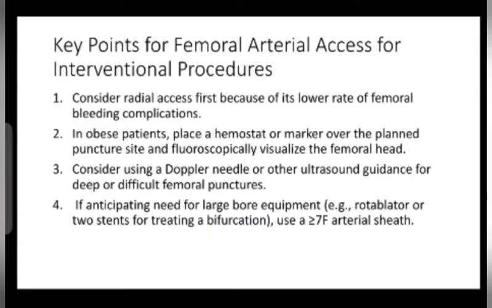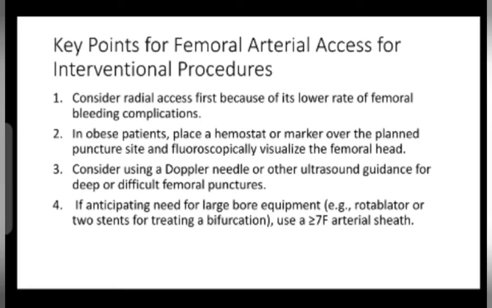Key points for femoral arterial access for interventional procedures. Always consider radial access first because there are lesser bleeding complications. In obese patients, place a hemostat or marker over the planned puncture site and fluoroscopically visualize the femoral head.